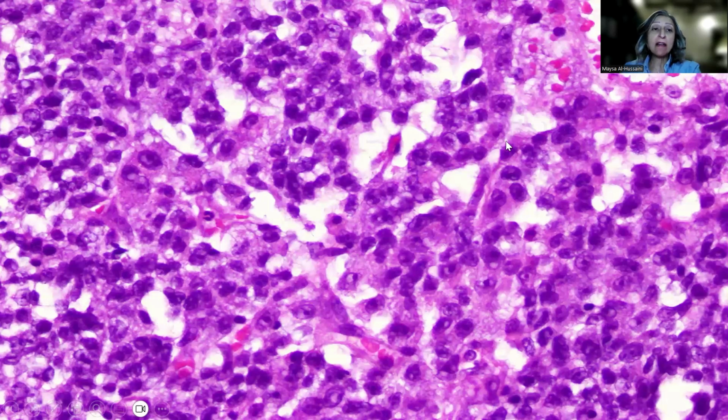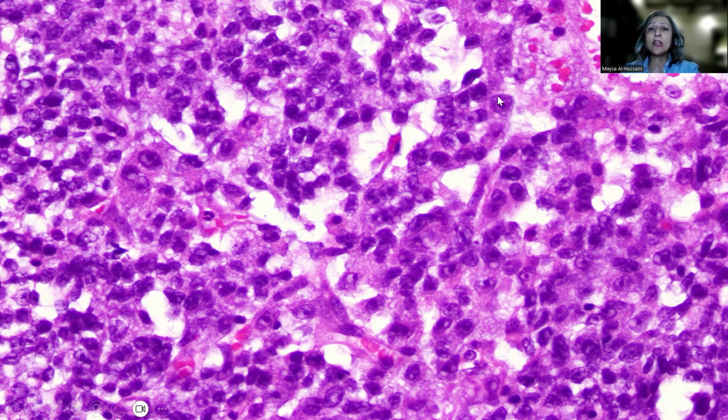Now, in other areas, to me, it looked like it was resembling a typical atypical teratoid rhabdoid tumor. Actually, this was my primary differential diagnosis of this unusual brain tumor. We have the cells with abundant acidophilic cytoplasm.